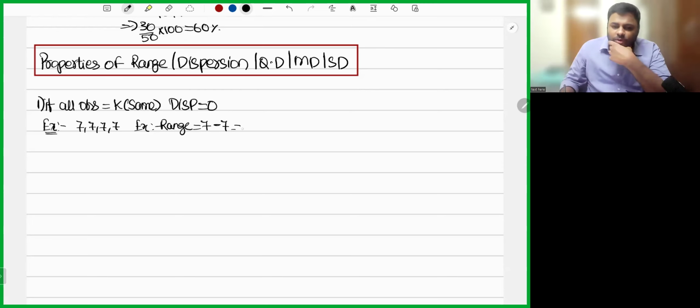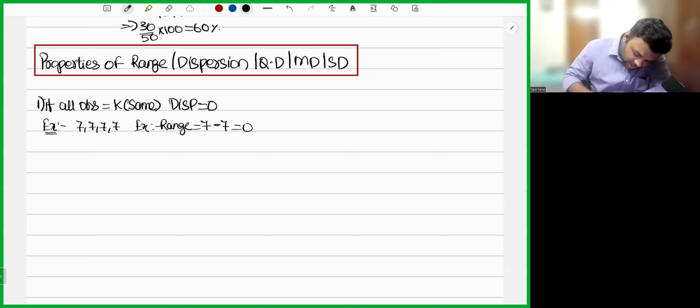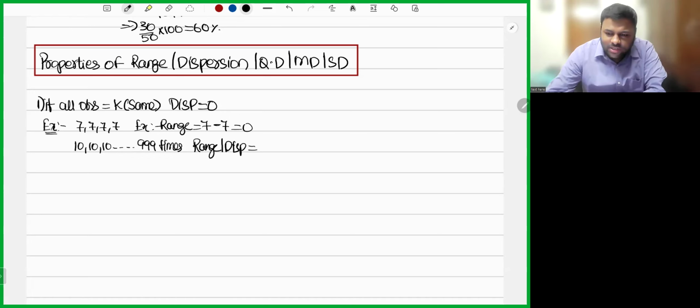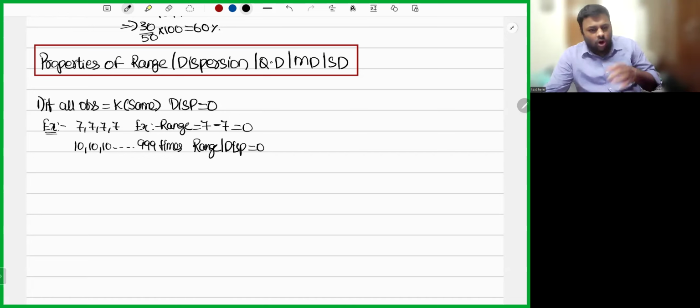Range will be equal to 0. So if all observations are the same, entire dispersion is equal to 0. I have 10, 10, 10, and so on, 999 times. Even in this case, my dear friends, range or entire dispersion will be equal to 0. If all the observations are constant, central tendency is constant. If all observations are the same, dispersion will be 0.